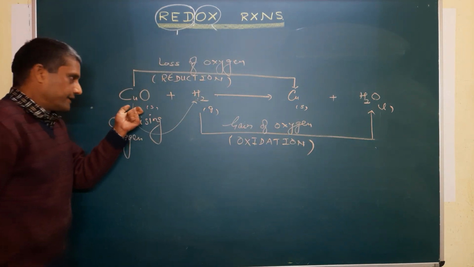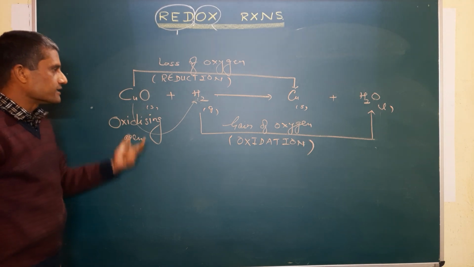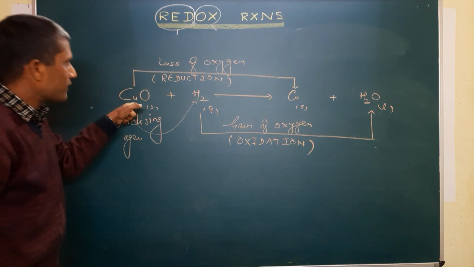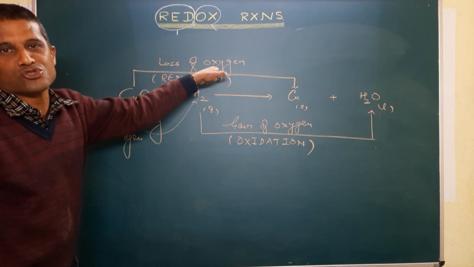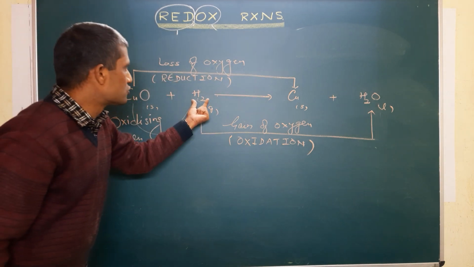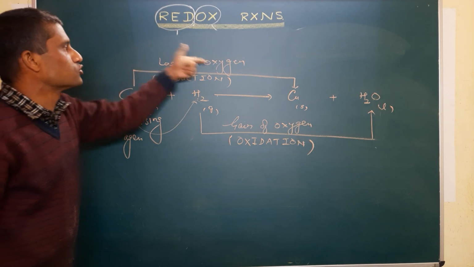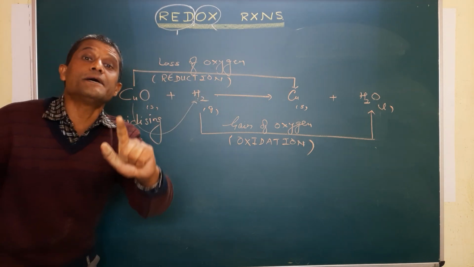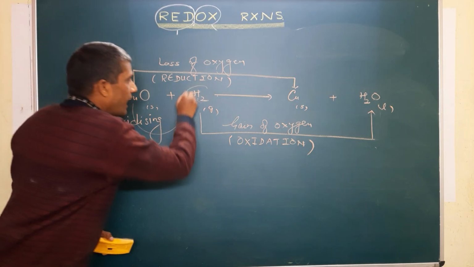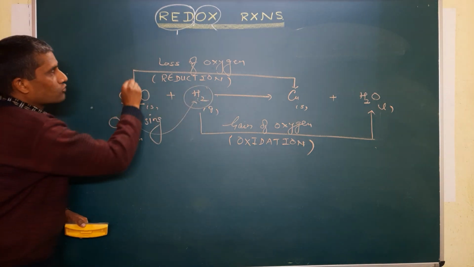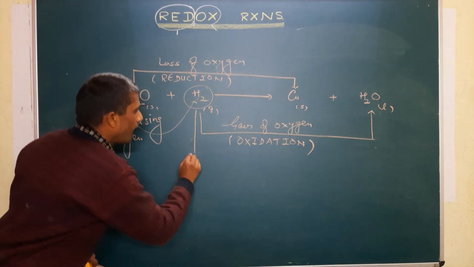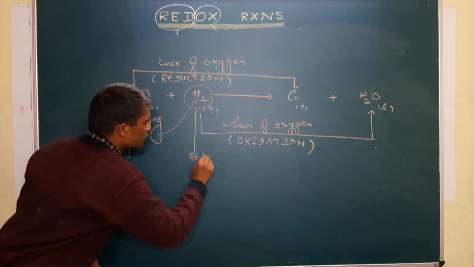And the next half: what is the hydrogen doing? Hydrogen is making the cupric oxide lose oxygen. Loss of oxygen is called reduction. In other words, it is the hydrogen which is making cupric oxide undergo the process of reduction, and that's why hydrogen is known as the reducing agent.